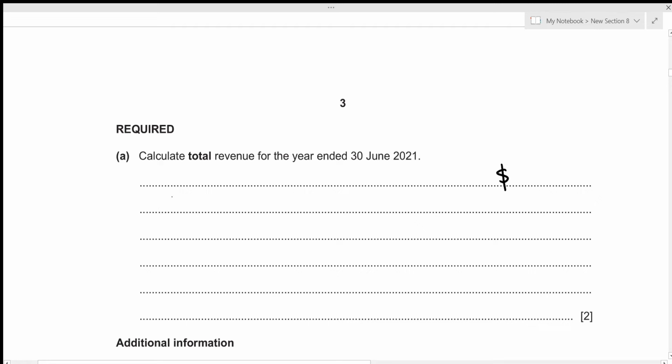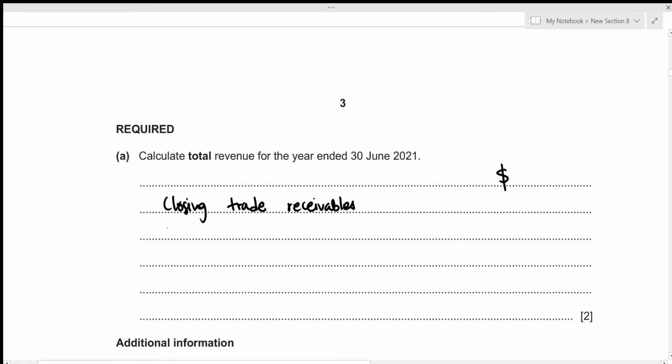So we will start with the closing trade receivables value. This is because trade receivables always relate to credit sales, right? And the closing trade receivables indicate the amount that is yet to be received for the credit sales made during the year. So we need to include this amount.